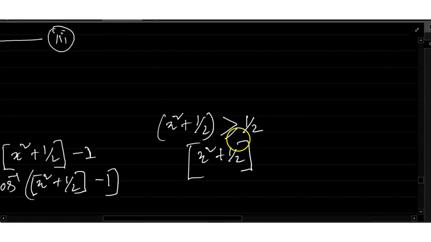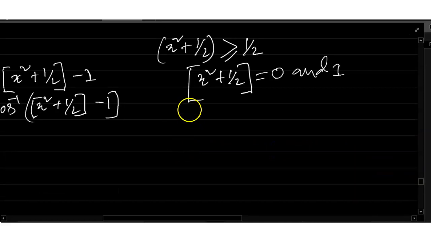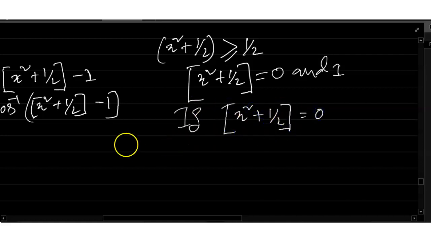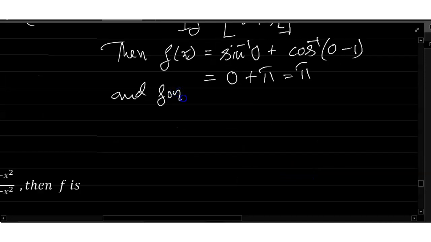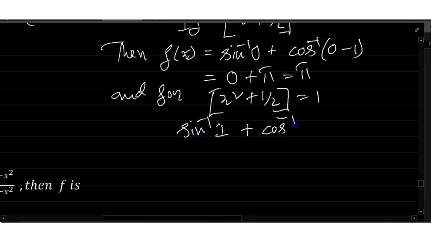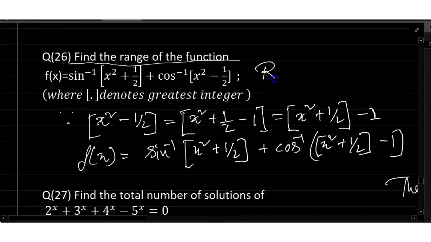So friends, if x square plus half is equal to 0, then f(x) is equal to sine inverse 0 plus cos inverse 0 minus 1 equals 0 plus pi equals pi. And for x square plus half equals 1, sine inverse 1 plus cos inverse 0 equals 0 plus pi equals pi. Answer is my range is pi.